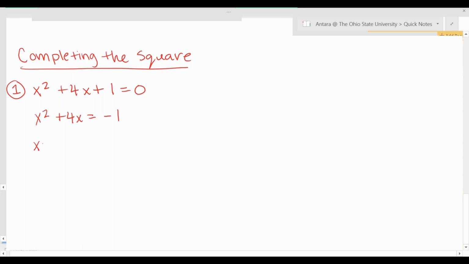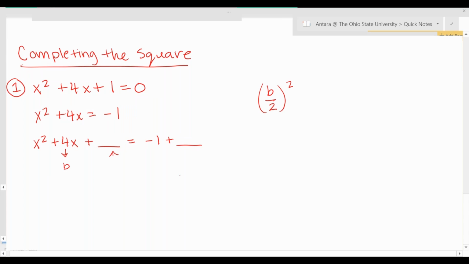In order to complete the square, I'm going to put a space where I need to write something on both sides. On the left side, I'm trying to get a quantity that is squared. Let's call this number 4 the letter b. What I do is take b over 2 and square that to get the number here.